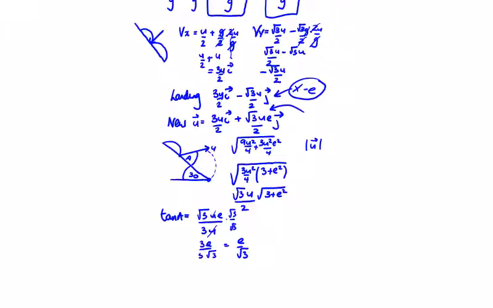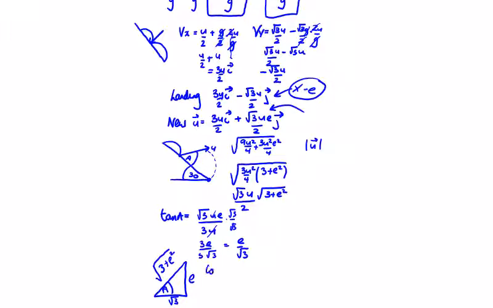So then that just looks like the tan of A is equal to e over root 3. And if the tan of A is e over root 3, we can now get the cos and sine of A. There's a better way to do this, please let me know. Opposite over adjacent. So this is going to be the square root of root 3 squared, which is 3, plus e squared.